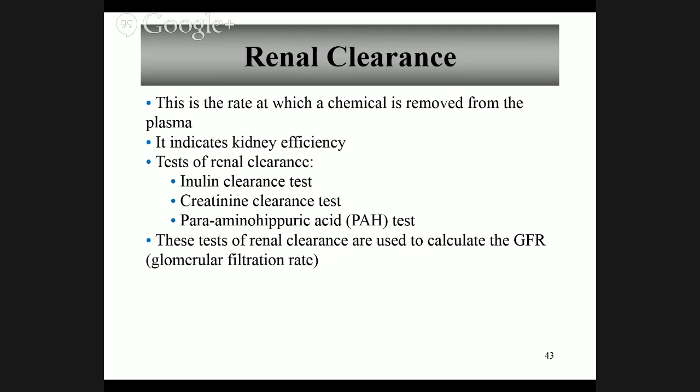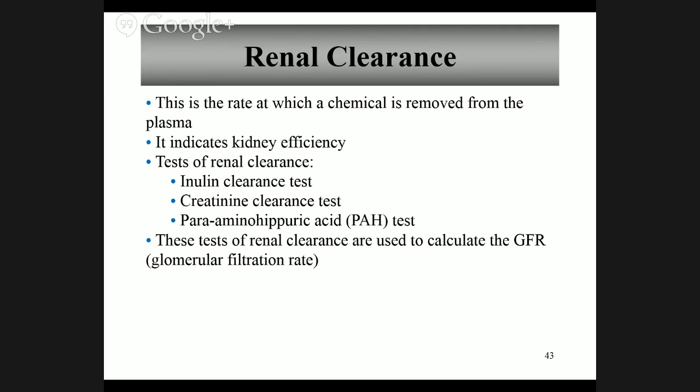And the last one is the PAH test, or para-aminohippuric acid test. Any PAH that remains in the peritubular capillary plasma after filtration is secreted into the proximal convoluted tubules.